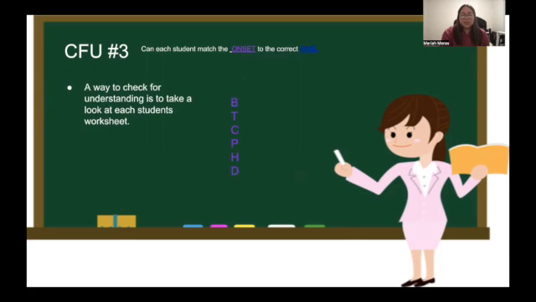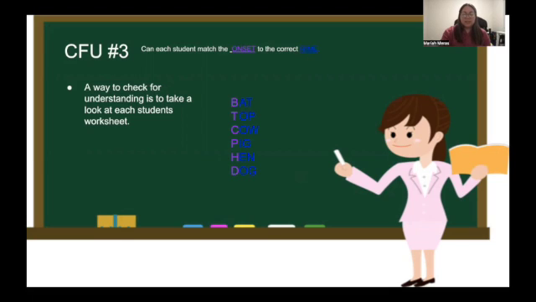So the onset letters, we have B, T, C, P, H, and D. On your worksheets, we should have correctly matched the onsets to create the words bat, top, cow, pig, hen, and dog. Excellent job so far, guys.